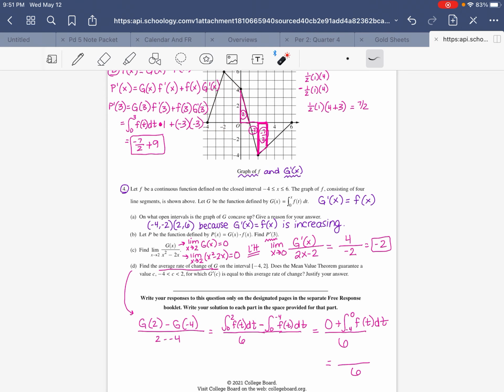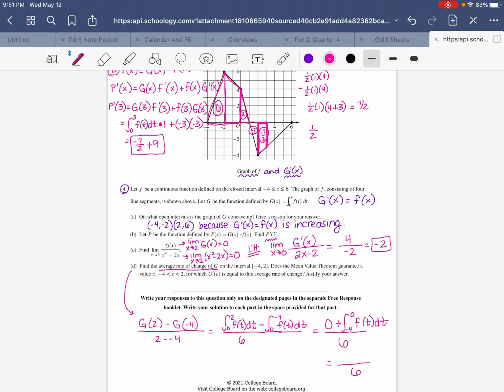And so I need to break this into shapes that I know how to find the area of. This is a triangle. Area is 1/2 base times height. And that is going to be just 6. This piece right here is a trapezoid.